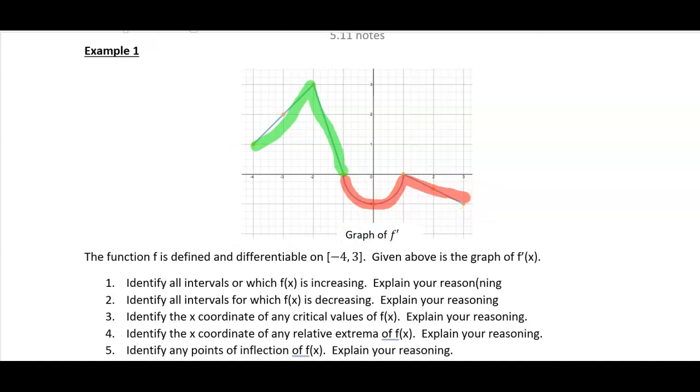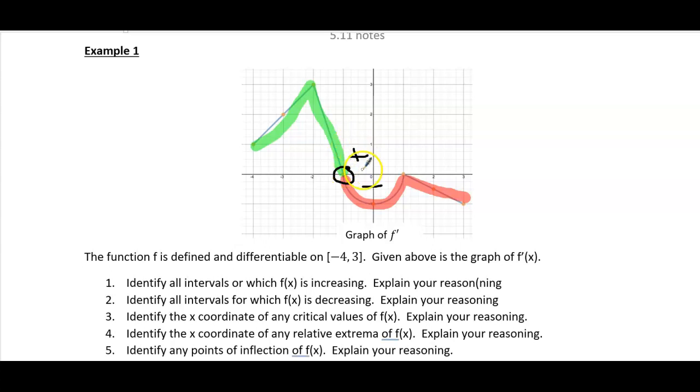Okay? And so where are we changing from a positive to a negative? Well, that would happen right here where we're going from green to red. So we have some kind of a relative extrema at that point. Now, remember when you're reading these graphs, we always think of going from left to right. So I'm going from green to red. In other words, from positive f prime to negative f prime.